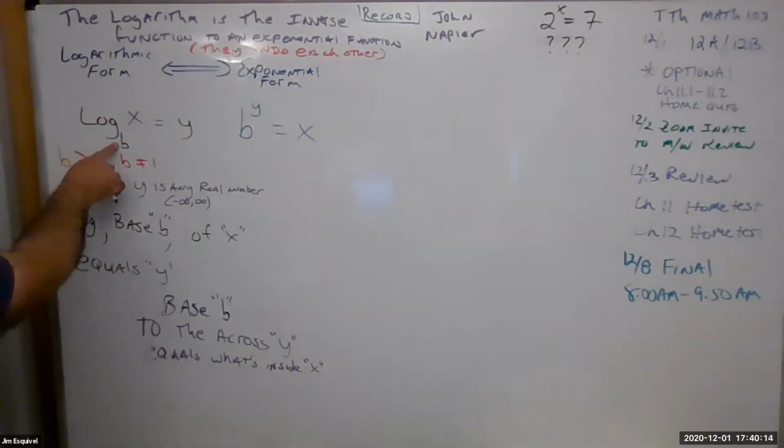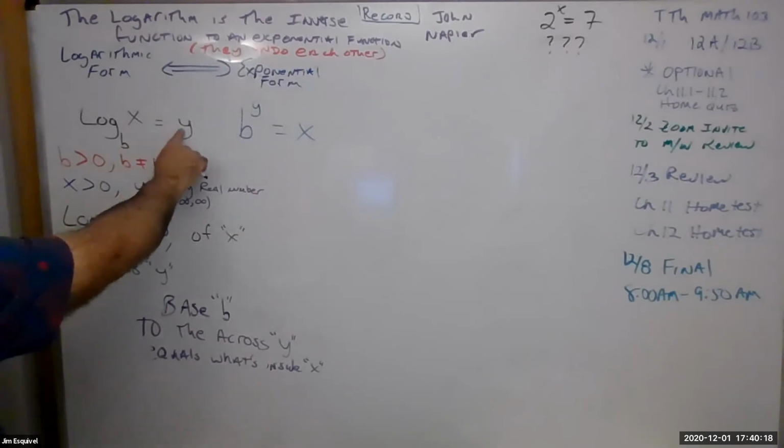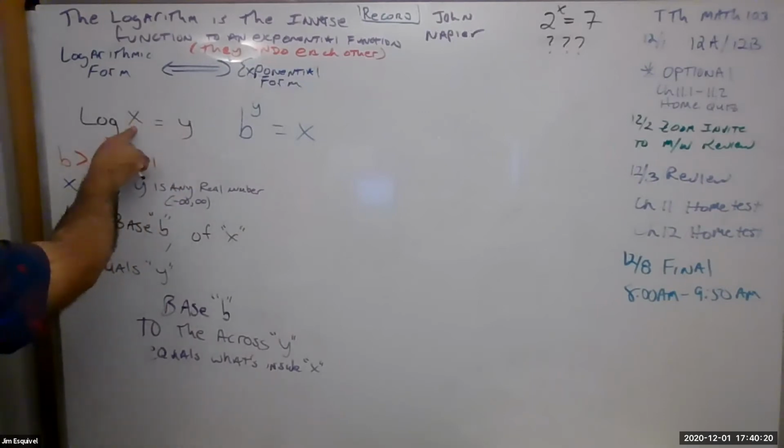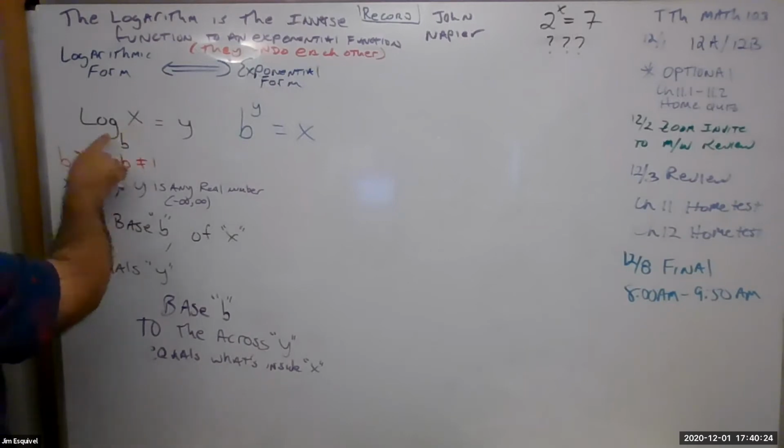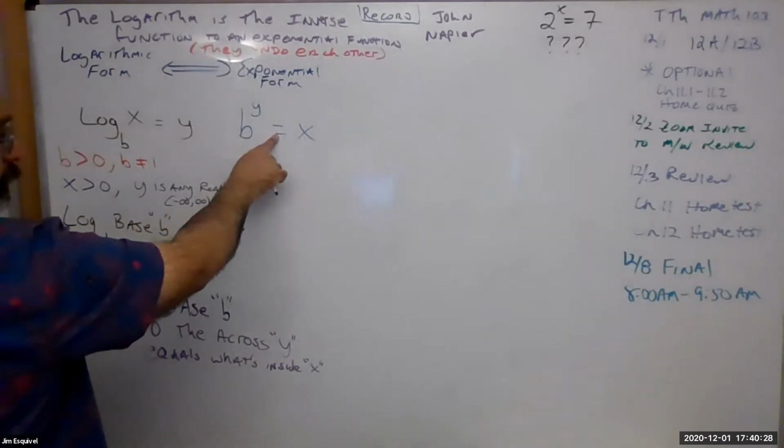The base b of the logarithm, all the way to the across, equals what you got inside, the x. And that's how you convert log form into exponential form.